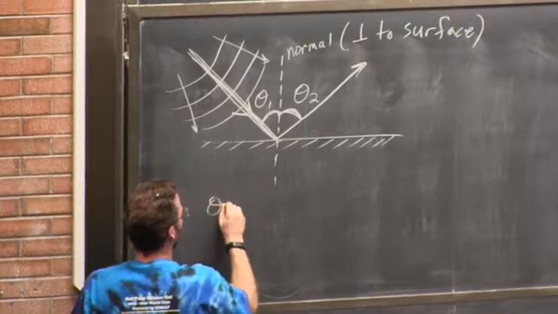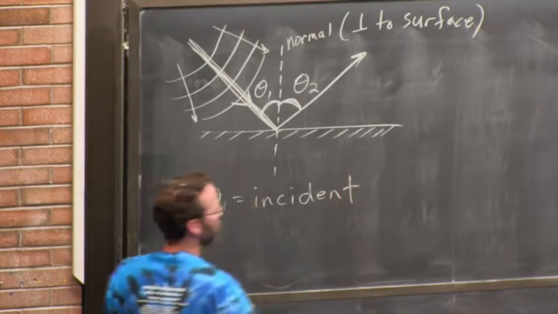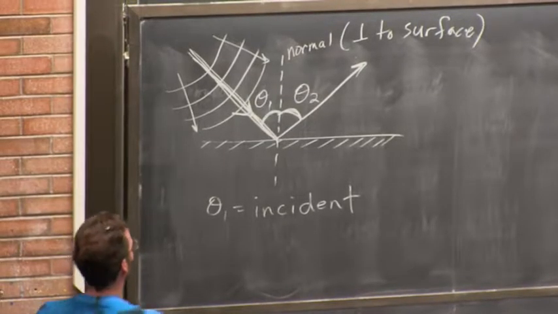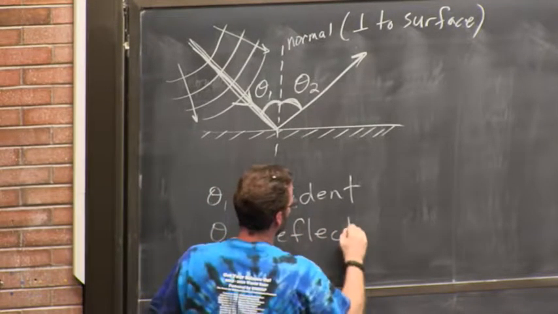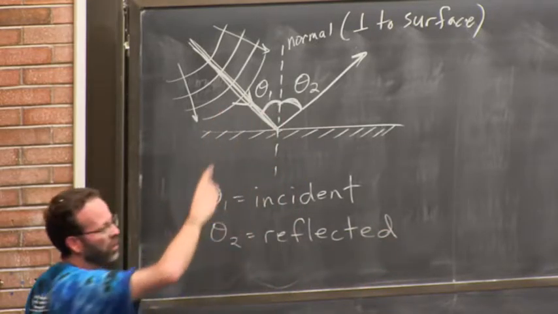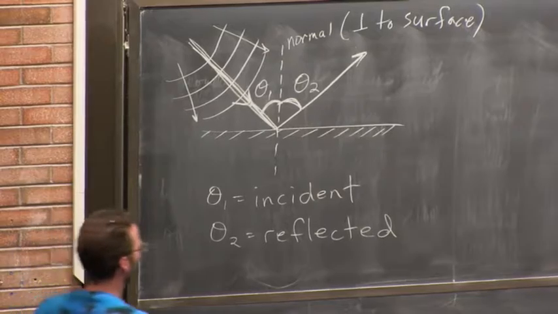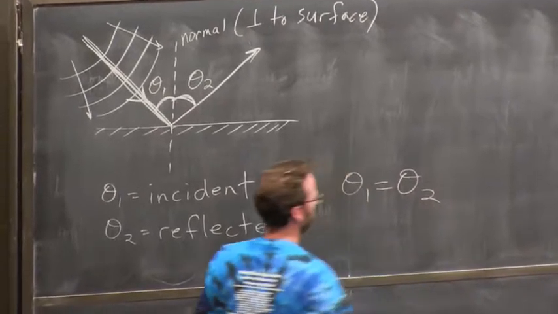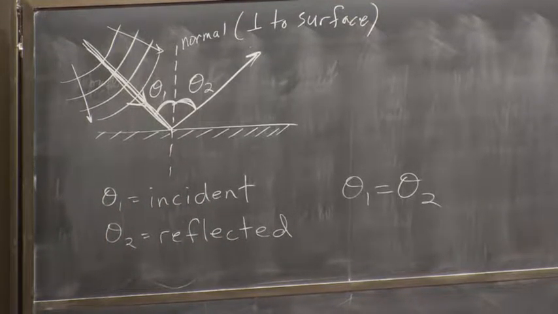Theta 1 is called the incident. You've got the incident wave, the incident angle, the one it comes in at. And theta 2 is the reflected. You've got the reflected wave at a certain reflected angle. And for waves, those are always equal. The incident angle is always equal to the reflected angle.